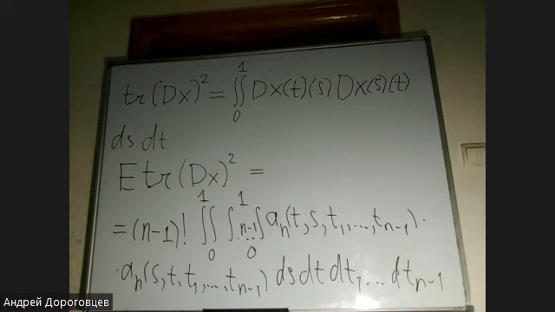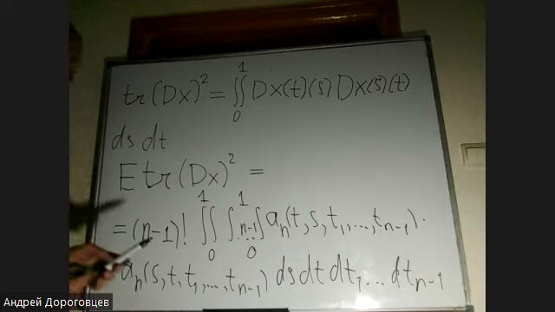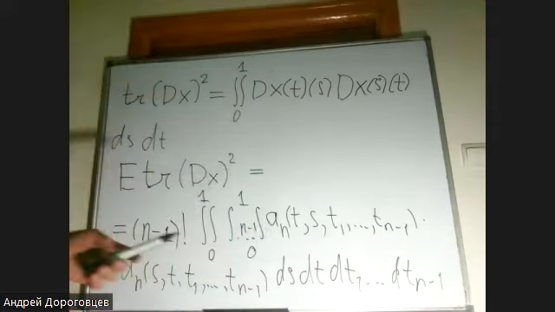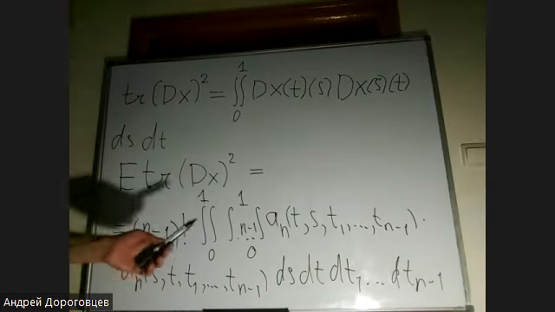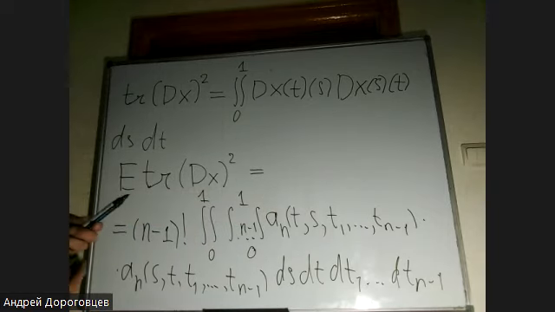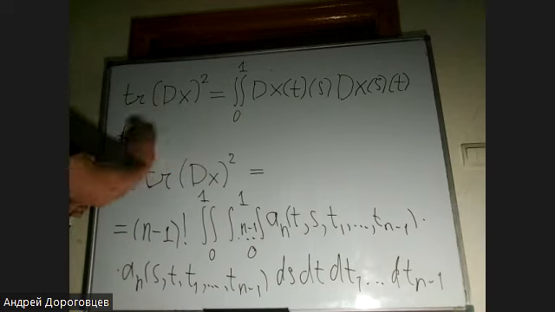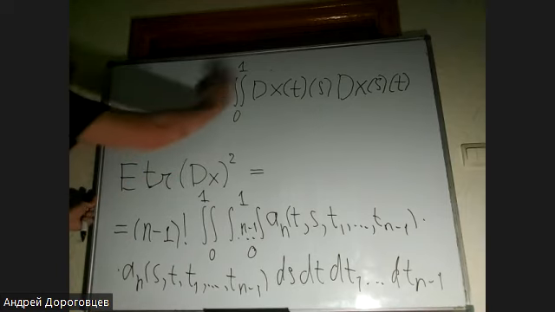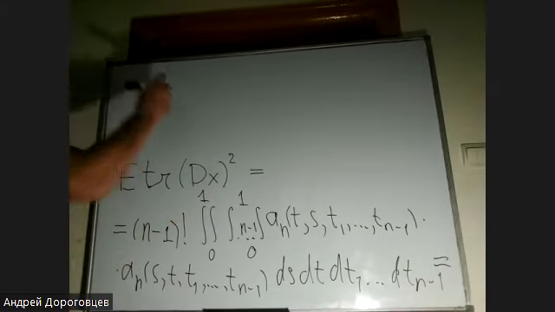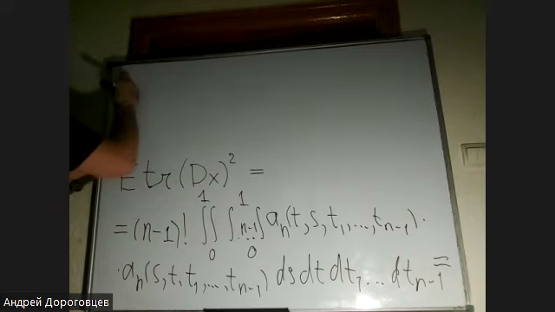And now I will do a very formal thing, but it will be helpful. I want to have here all variables t1 up to tn plus 1 enumerated as I said. Then let me just change notation for the variables of integration. Then I can continue with the following formula, which is equal to n minus 1 factorial.